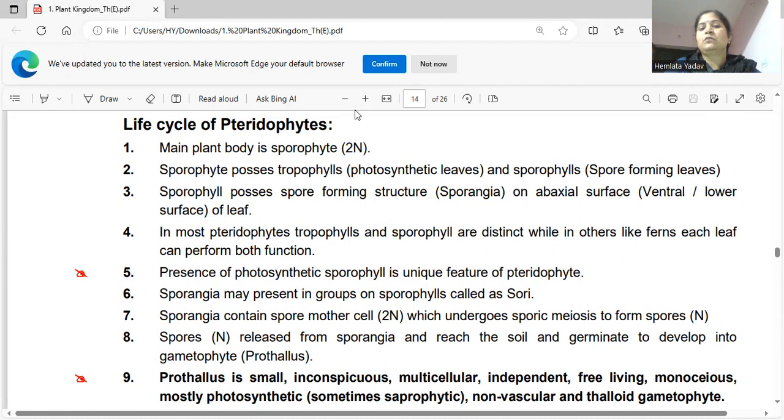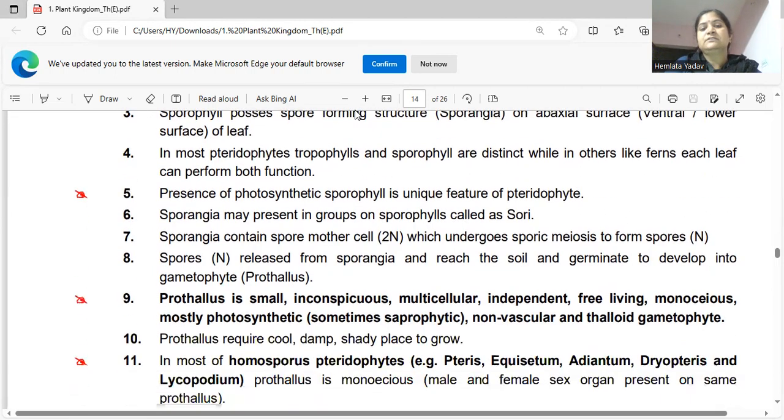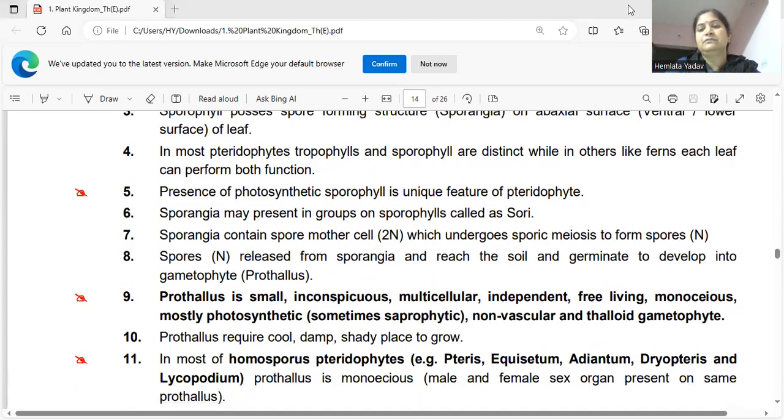Sporophylls possess spore-forming structures, sporangia, on the lower surface of the leaf. In most pteridophytes, trophophylls and sporophylls are distinct, while in others, like ferns, each leaf can perform both functions. The presence of photosynthetic sporophylls is a unique feature of pteridophytes. Sporangia may be present in groups on the sporophyll, called sori.